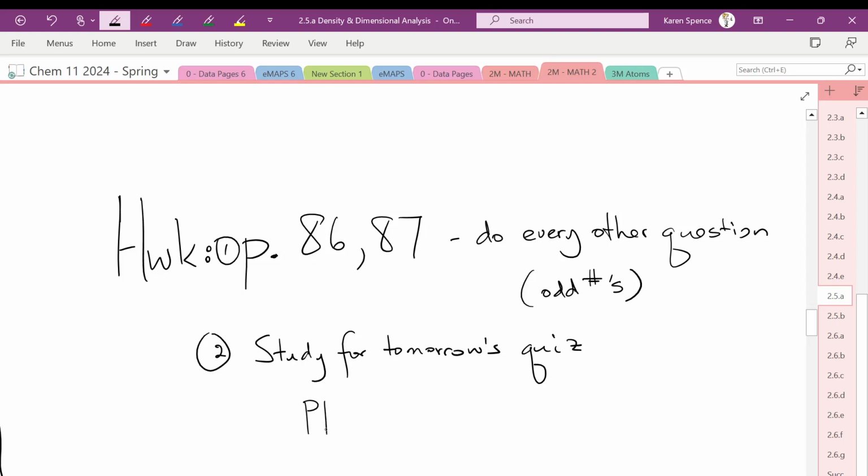All this stuff. Actually, I'm going to say this should be number 1 and the other one should be number 2. If you don't get around to number 2 because you're too busy with number 1, that's okay. So number 1, study for the quiz. Number 2, do that.